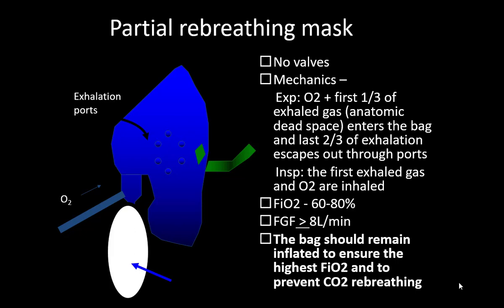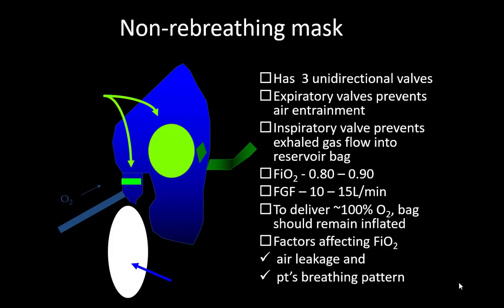FiO2 given by this is 60 to 80%, and fresh gas flow should be more than 8 liters per minute. The bag should remain inflated to ensure the highest FiO2 and to prevent CO2 rebreathing. If a patient's peak inspiratory flow is met by this flow, then it works as a fixed delivery device.